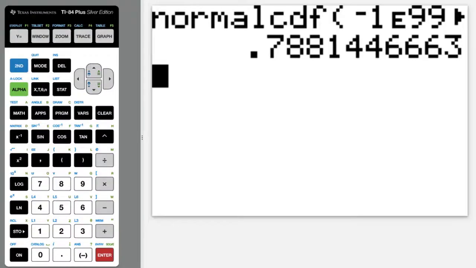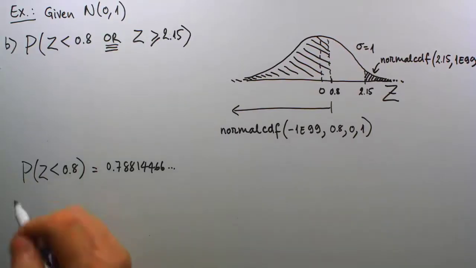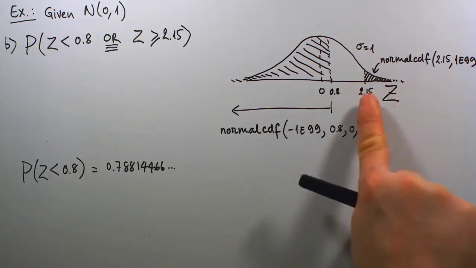Back on the calculator itself, I am going to hit store and store that value to a temporary X button, which can be found by this variable button right here. I'm going to hit enter. So now the area shaded to the left of 0.8 is stored in that temporary variable X.